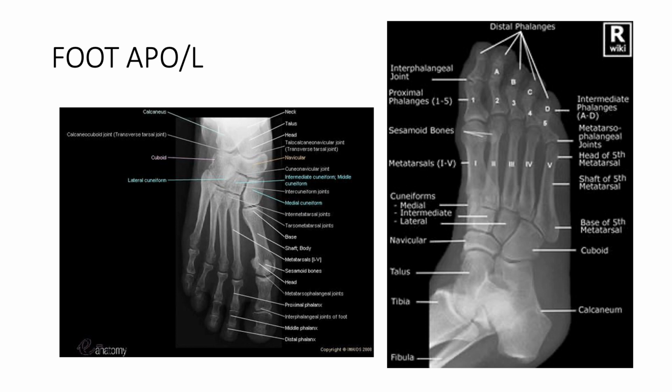So take note, cuboid is on the lateral side. Then on the proximal row of ankle joints, you have the navicular, which is the curved bone. Then the talus, which articulates with the tibia, and the calcaneus. I hope you get that.